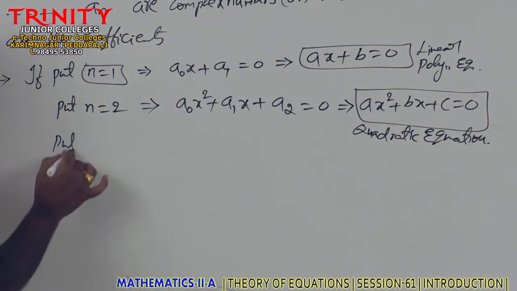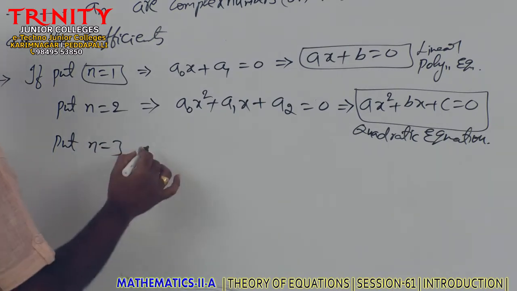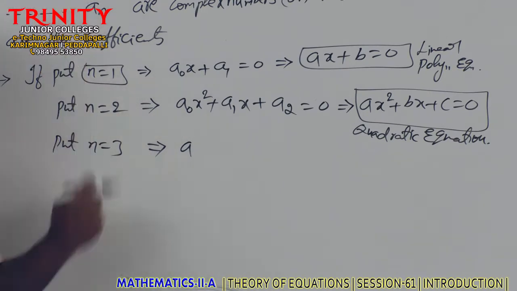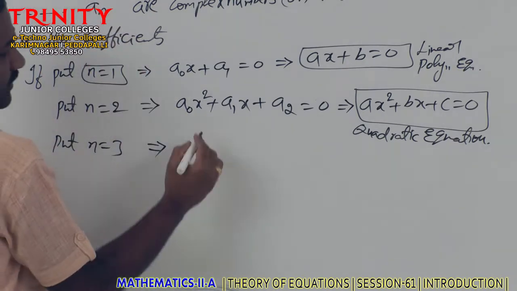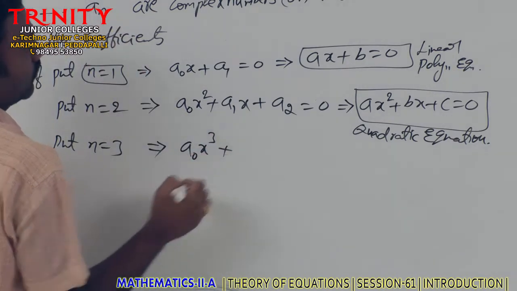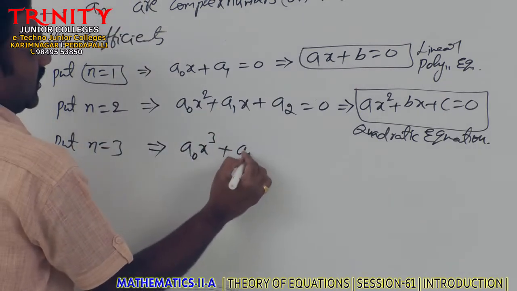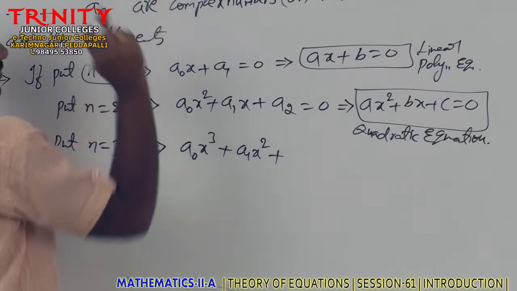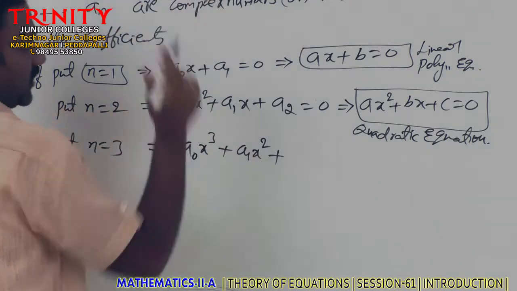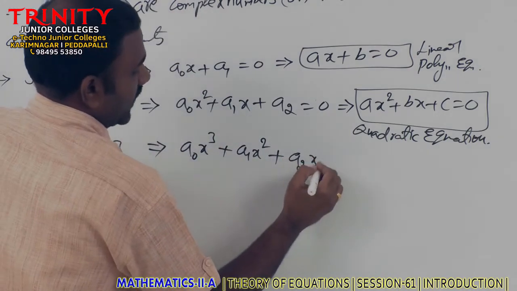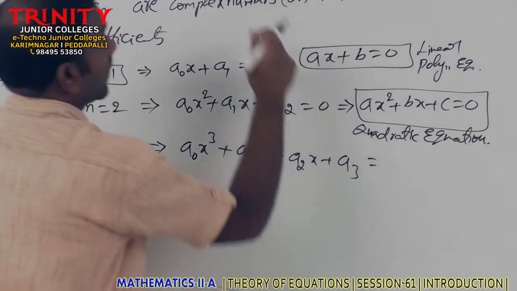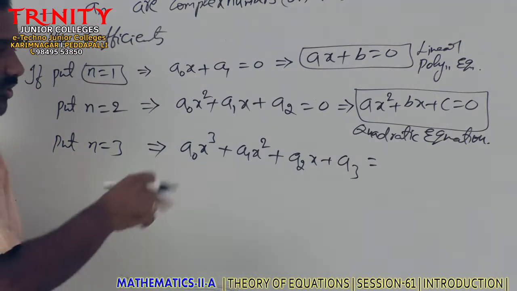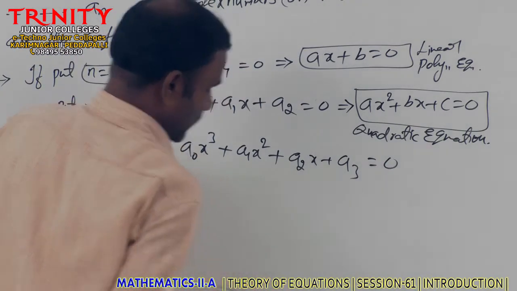If you take n is equal to 3, a naught x cube plus a1 x square, n minus 1, that is 2. Next, 3 minus 2, a2x plus a3. Why? Because the next term is a3 x power n minus 3, 3 minus 3 becomes 0, that is a constant, is equal to 0.